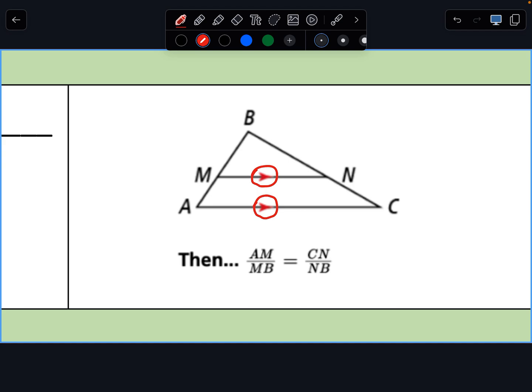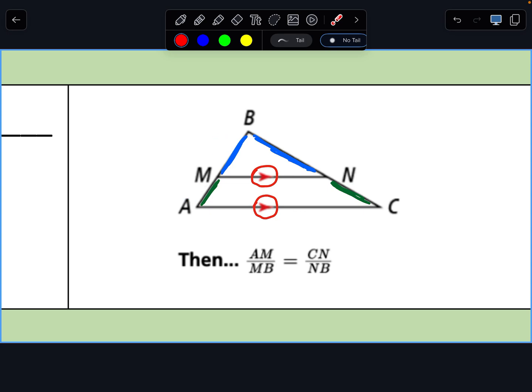And what this tells me is that whatever the relationship between BM and MA is, BN on the right side and NC will have that same relationship. So if BM is 3 times the size of MA, BN will also be 3 times the size of NC.